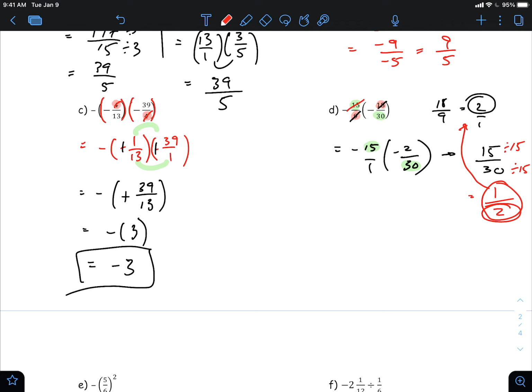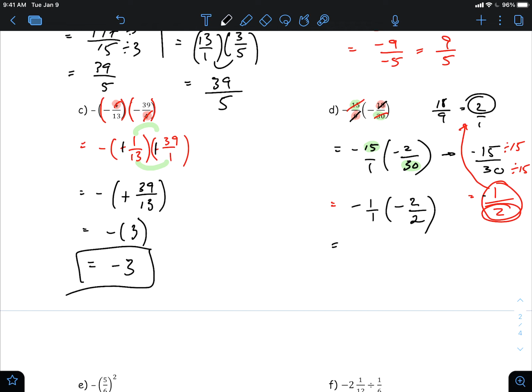The 15 cancels with the 30, and then we get a 2 down in the bottom. This should be -2. Anybody disagree with what's there?